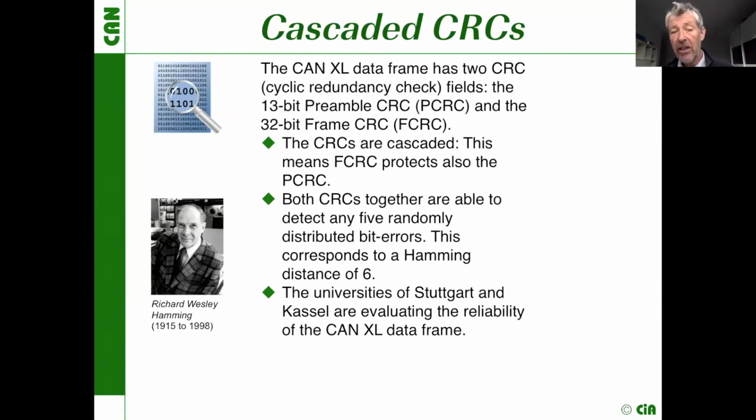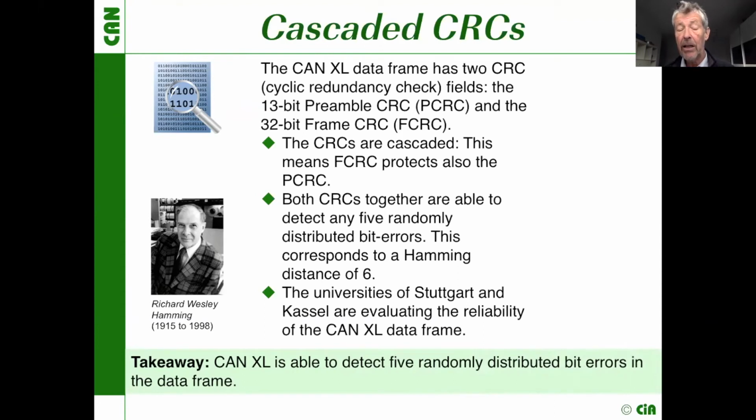And both CRCs together are able to detect any 5 randomly distributed bit errors. This corresponds to a Hamming distance of 6. The universities of Stuttgart and Kassel evaluated this reliability, and they double checked that we have not overlooked any security or any reliability issue. So this means CANXL is really able to detect 5 randomly distributed bit errors in the data frame.